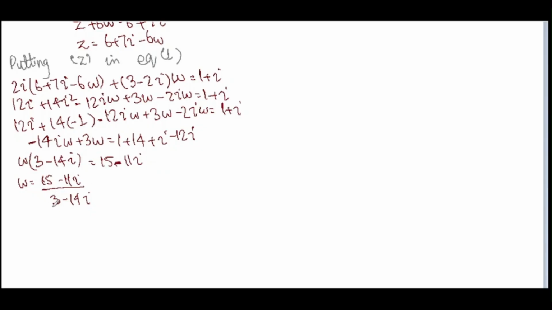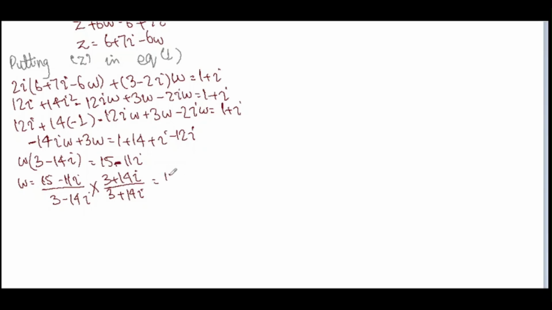Now here again there is a complex number in the denominator, so we are going to rationalize it. Rationalization means multiplying and dividing it by the conjugate of the complex number written in the denominator. So its conjugate is 3 plus 14 iota divided by 3 plus 14 iota.